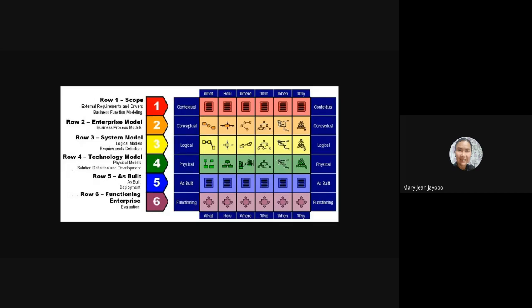Pero pagbabalikan mo, this came from the Zachman framework. So, yung pinakita ko kanina na Zachman framework, yun yung unang design.